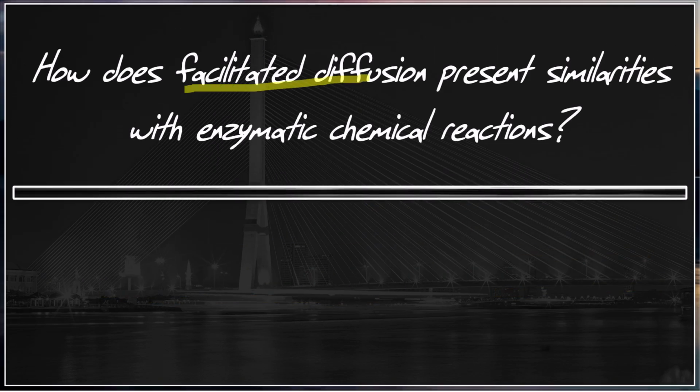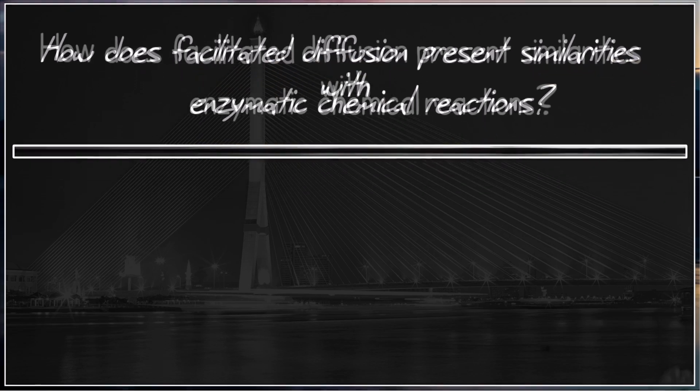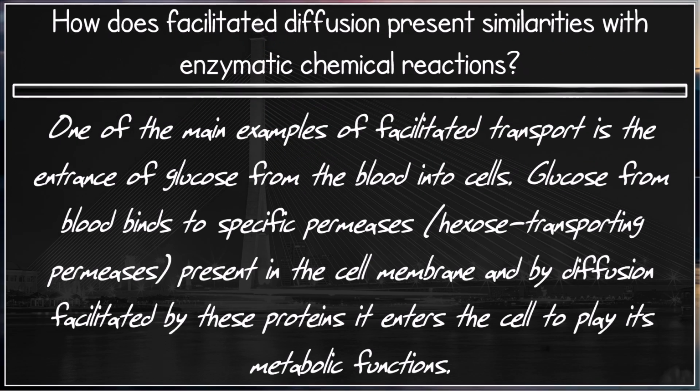How does facilitated diffusion present similarities with enzymatic chemical reactions? One of the main examples of facilitated transport is the entrance of glucose from blood into cells.